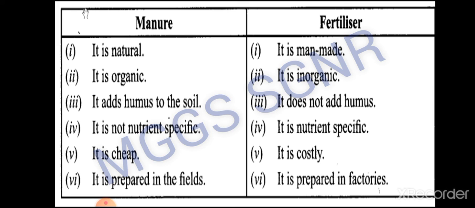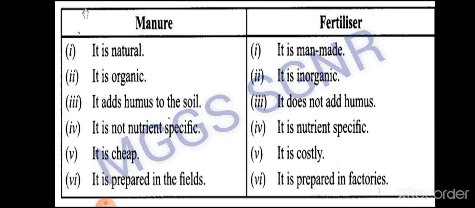And manure is cheap because it is prepared from what? It is prepared from all the biodegradable waste materials. But fertilizers are costly because these are prepared in the factories. So manure is prepared in fields, fertilizers are prepared in factories.